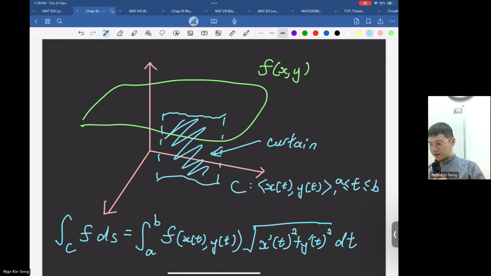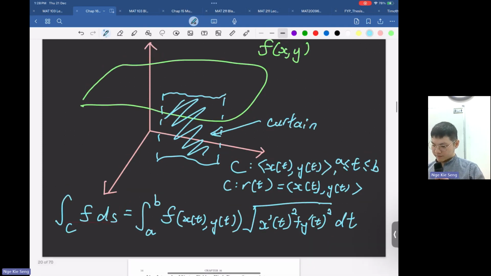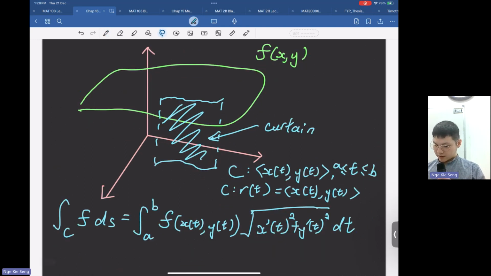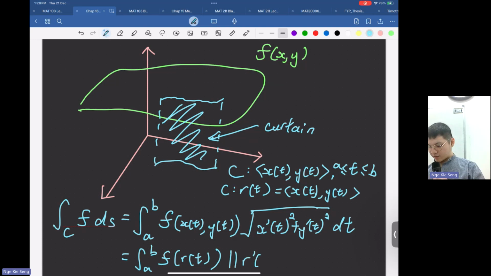Or if I name my curve r(t), I can write the formula shorter, which is just the integral from a to b of f(r(t)) times the square root of x'(t)^2 plus y'(t)^2, which is the norm of r'(t).